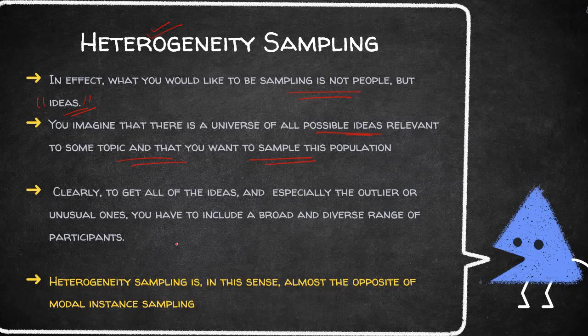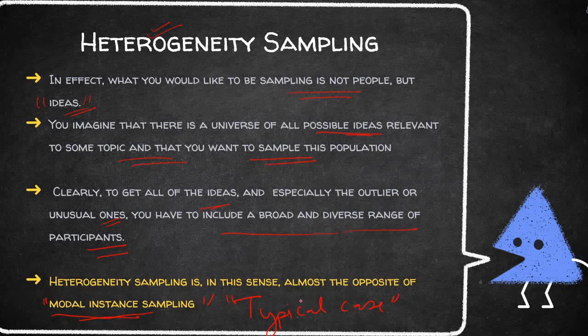You are interested in the number of ideas, and especially in the outliers or unusual ones also. So including a broad and diverse range of participants is your idea. Heterogeneity sampling is, in a way, almost the opposite of modal instance sampling, because in modal instance sampling you talk about the typical case, by and large the characteristic of the sample, where you could see there is maximum likelihood of getting some kind of response.